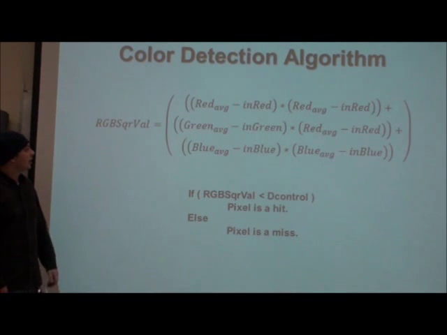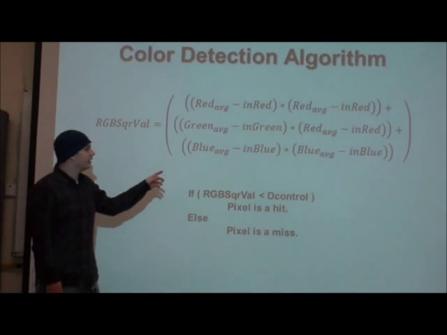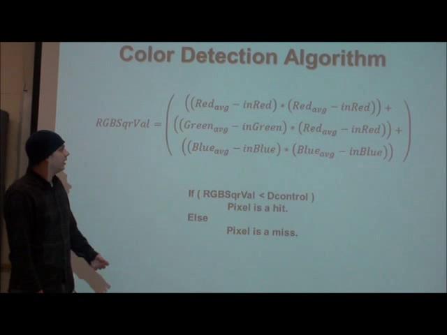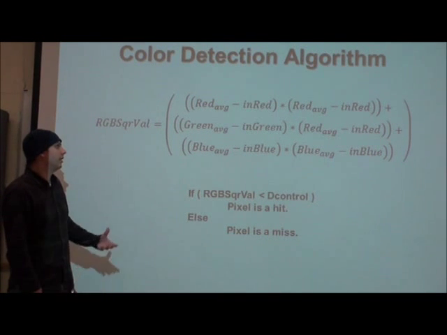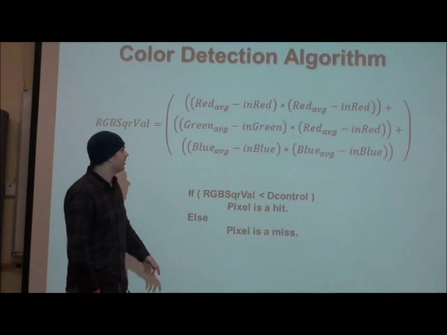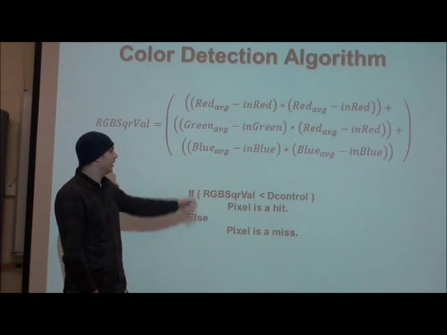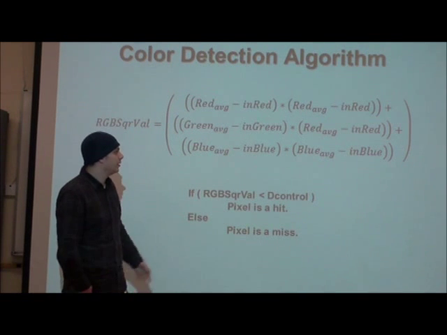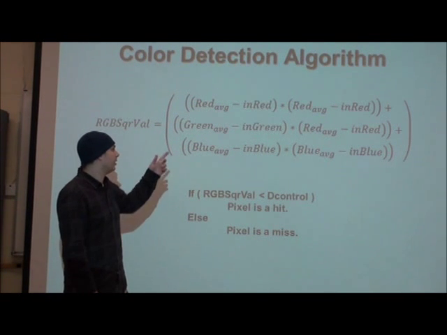This is how I'm doing color detection. This is a formula I'm using to figure out how close a color is to the color we're searching for. So red average is some color we set up, and then red in is whatever the pixel is. You square the differences and add them together.